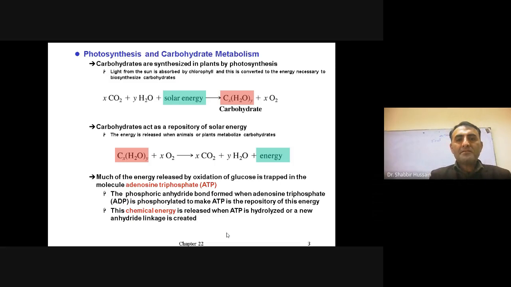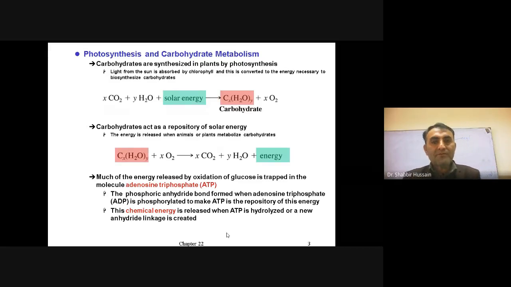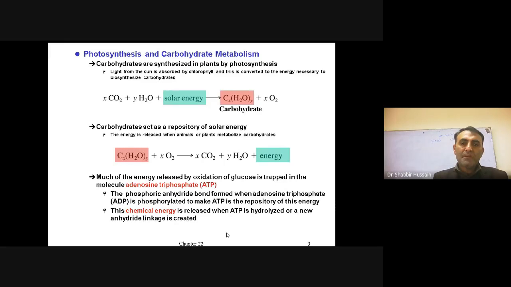The question is how carbohydrates form, which are the basic source for plants and animals. What is the source of these carbohydrates? Carbohydrates are synthesized in plants by photosynthesis, and you know very well what photosynthesis is.